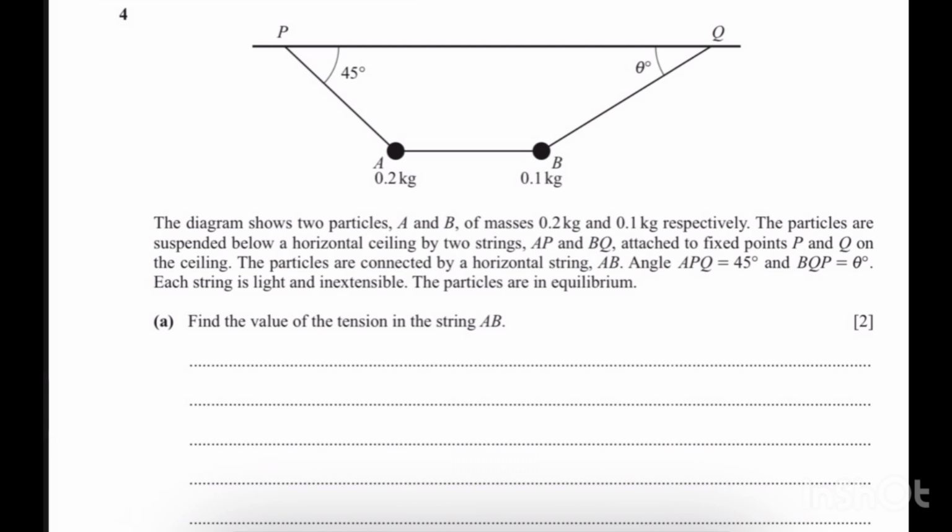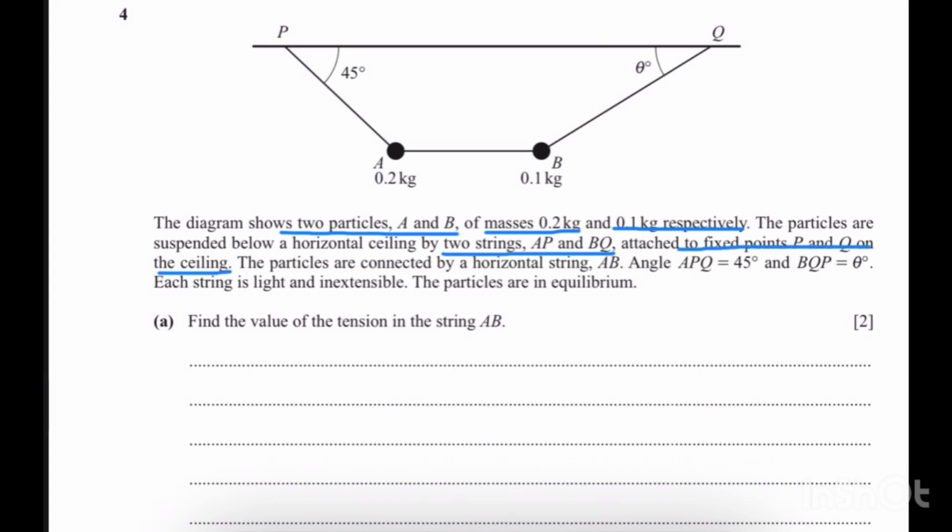They've given us a diagram, and other than that, they've given us this paragraph. So let's read that. The diagram shows two particles A and B of masses 0.2 kg and 0.1 kg respectively. The particles are suspended below a horizontal ceiling by two strings AP and BQ, attached to fixed points P and Q on the ceiling.